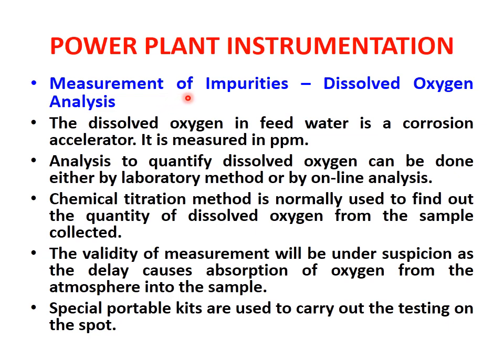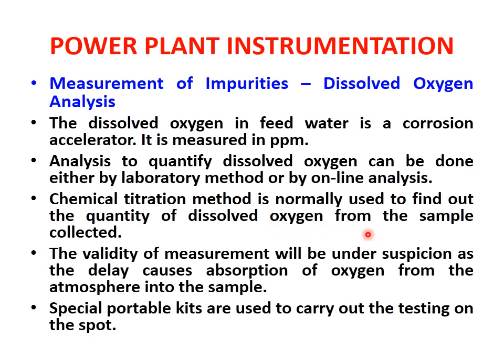Then, going to the next type of impurity measurement, which is dissolved oxygen analysis. The dissolved oxygen in feed water is a corrosion accelerator. It is measured in parts per million, that is ppm. Analysis to quantify dissolved oxygen can be done either by a laboratory method or by online analysis.